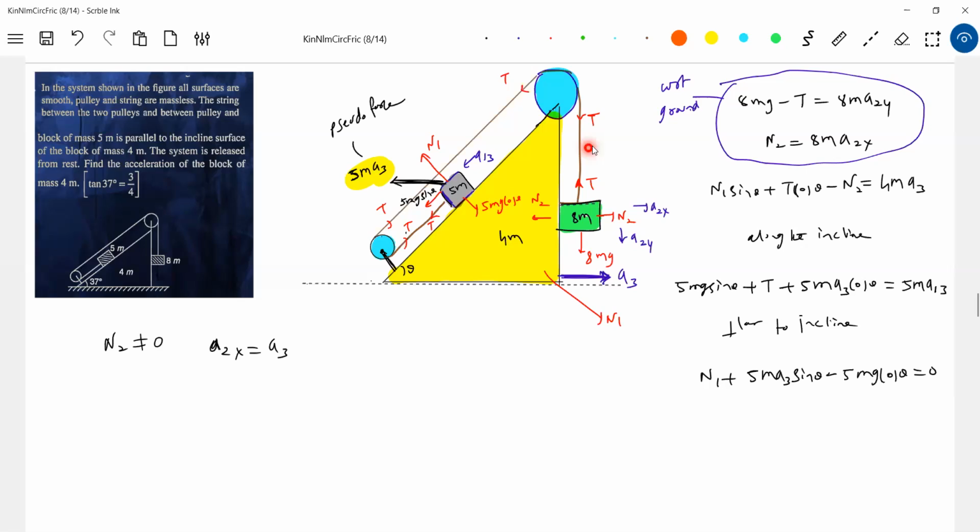What about this length? Change in length of the block, vertical displacement with respect to ground or with respect to wedge? Same. The wedge is not having motion along the y-axis, so you can write A13 is equal to A2y. Along the x-axis, we can't write. Okay, now let me write directly: A13 equals A2y. The reason for that is the string.